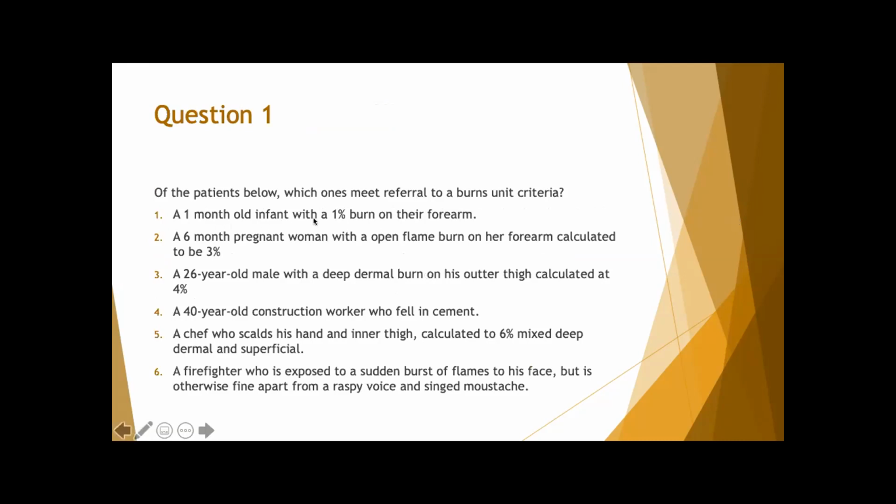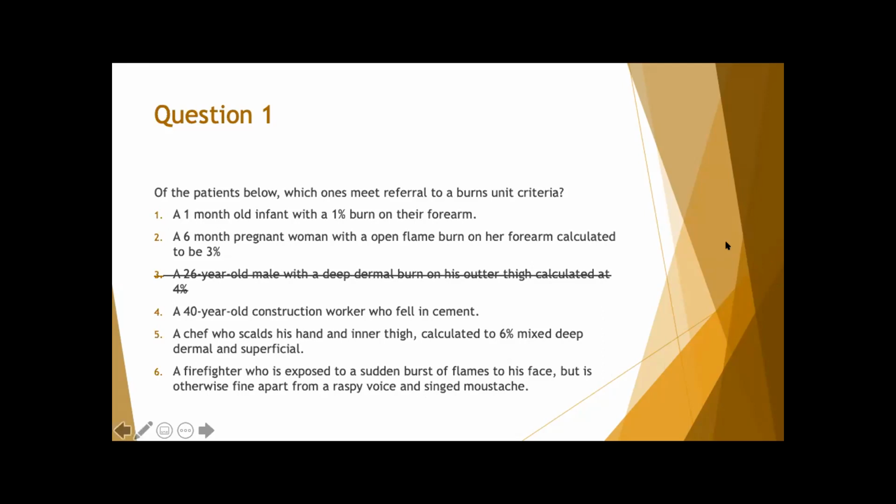A 1-month-old infant with a 1% burn on their forearm, a 6-month pregnant woman with an open flame burn on her forearm calculated to be 3%, a 26-year-old male with a deep dermal burn on his outer thigh calculated at 4%, a 40-year-old construction worker who fell in cement, a chef who scalds his hand and inner thigh calculated to 6% mixed deep dermal and superficial, and a firefighter who is exposed to a sudden burst of flames to his face, but is otherwise fine apart from a raspy voice and singed mustache. So if you just pause it here, think about it, and then I'll move on to the next slide.